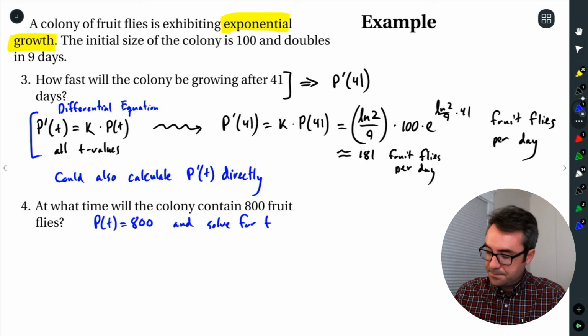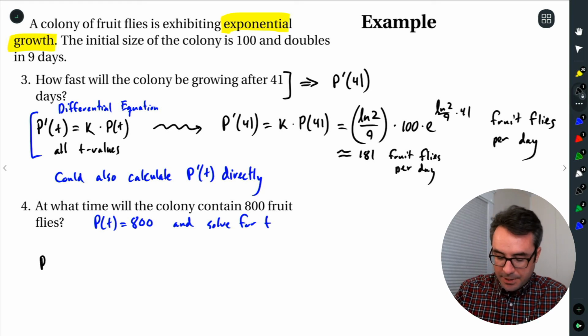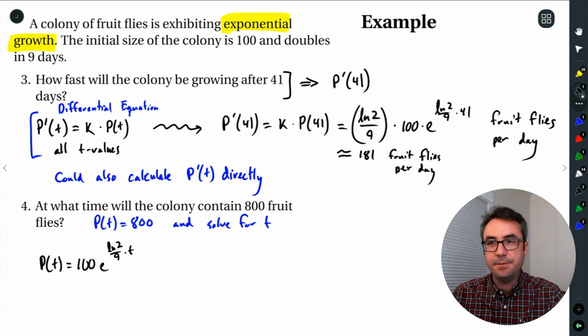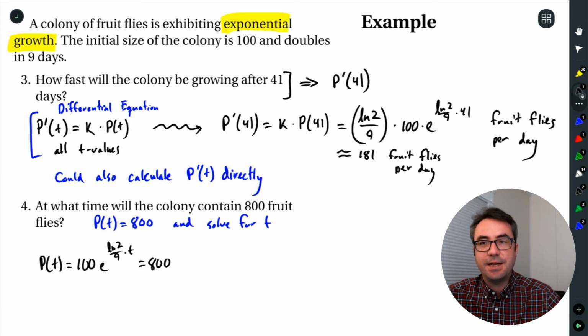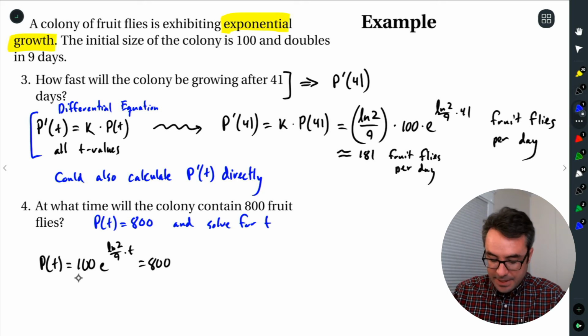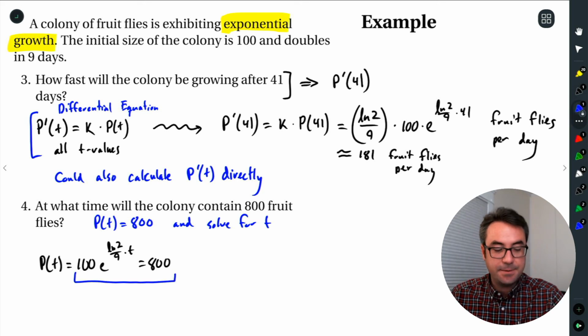So let's take our population function, which was 100 e raised to the natural log 2 over 9 times little t, and we want to set this equal to 800. And so this gives us an equation that we can solve for t.